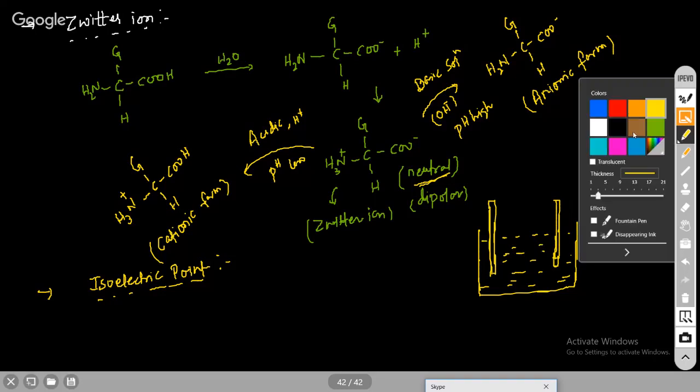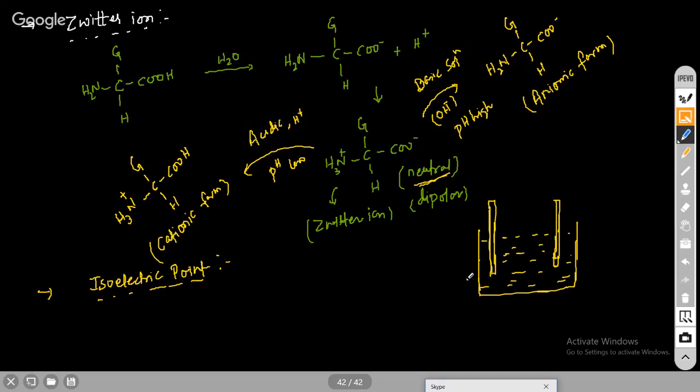Now, depending on the nature of the solution or pH value, this amino acid exists either in cationic form, or neutral or anionic form, correct? Depending on the pH of the solution.